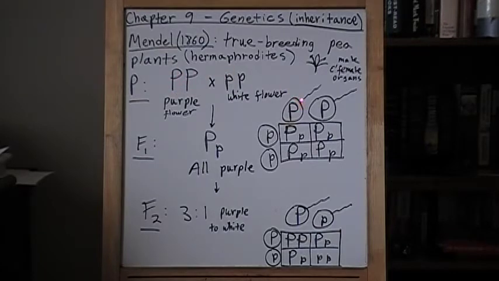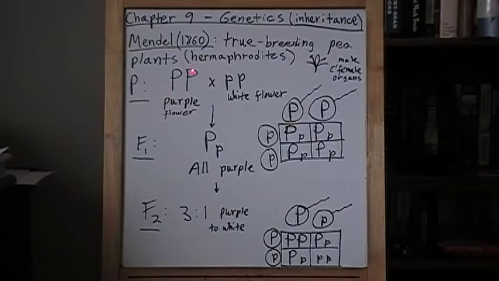Here we're showing the sperm cells from the purple flowered true breeding parent and the egg cells from the white flower parent. All the sperm have the large P because the true breeding parent has 2 copies of the large P allele.